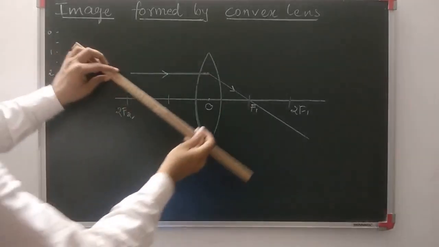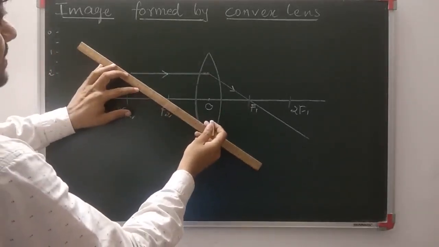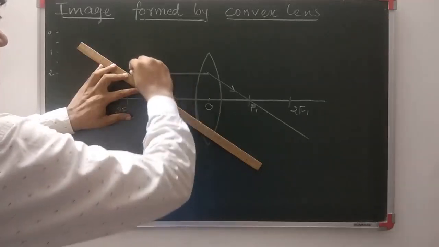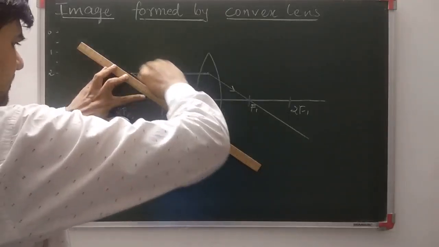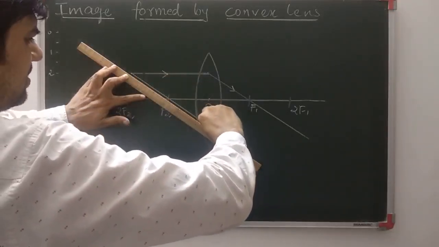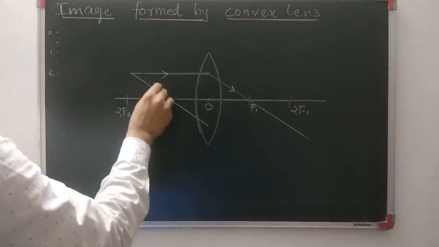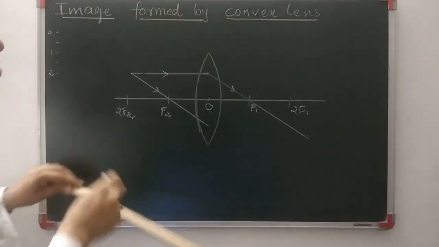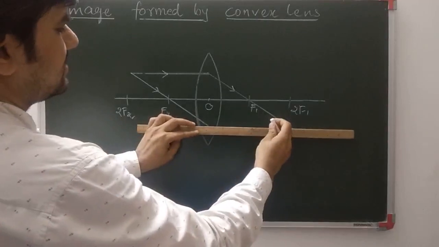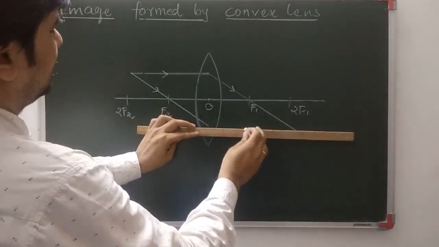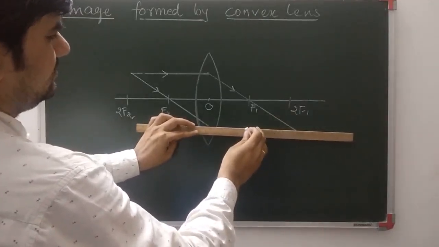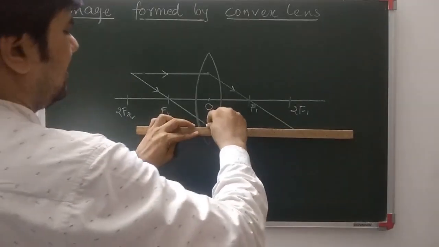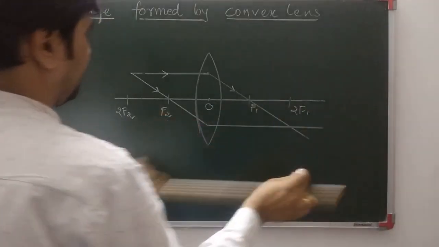Let us consider the second condition. If the ray is coming from the focus, this is the incident ray coming from the focus, you can see I have taken it up to the lens, so it must remain parallel after the refraction. It remains parallel after the refraction.